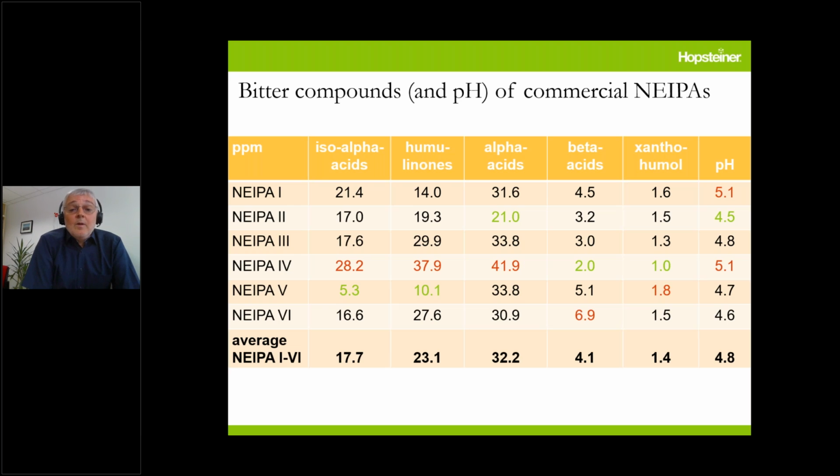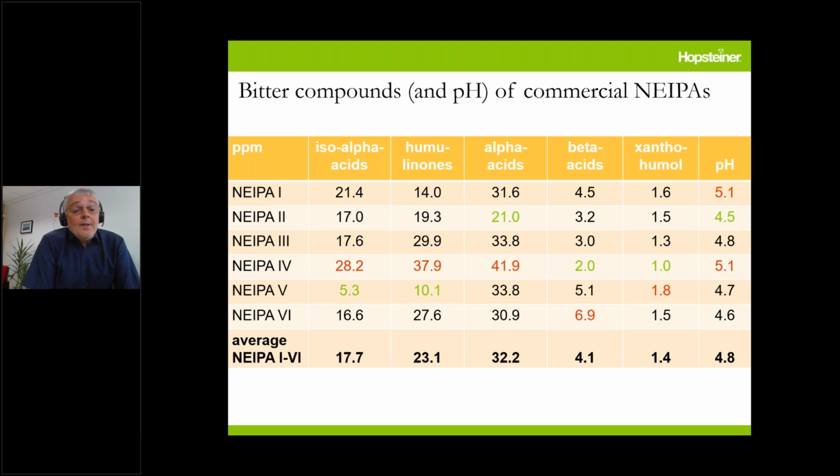Alpha acids 21 to 41.9. Beta acids, rather high concentration, 2.0 to 6.9. Xanthohumol 1.0 to 1.8. And the pH was in the range of 4.5 up to 5.1.